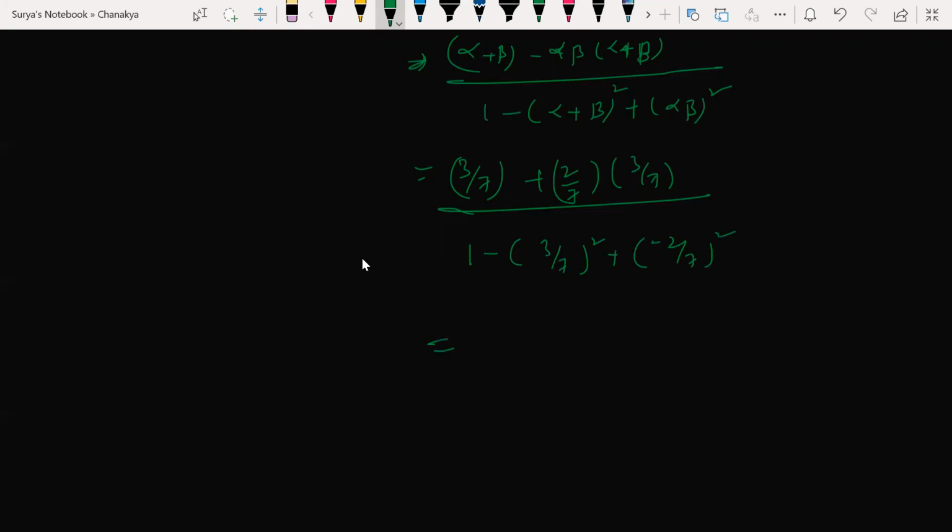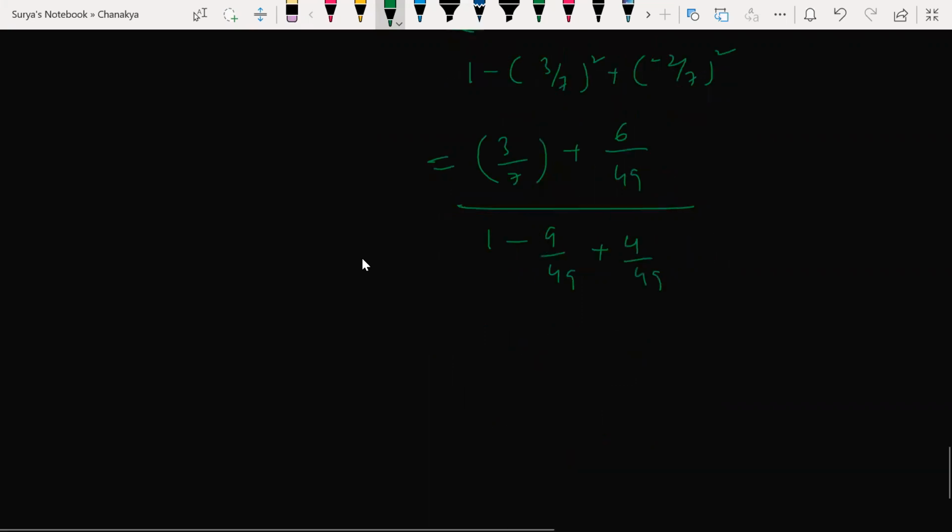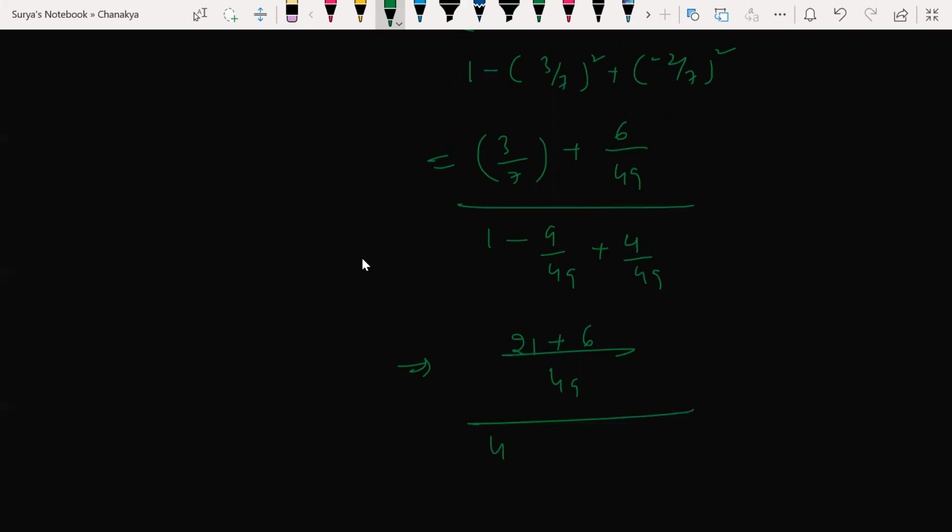Simplify this. 3 by 7 plus 6 by 49, 6 by 49 divided by 1 minus 9 by 49 plus 4 by 49. So LCM is 14 in the numerator. 21, 7 threes, 6 divided by 49, minus 9 plus 4 divided by 49.